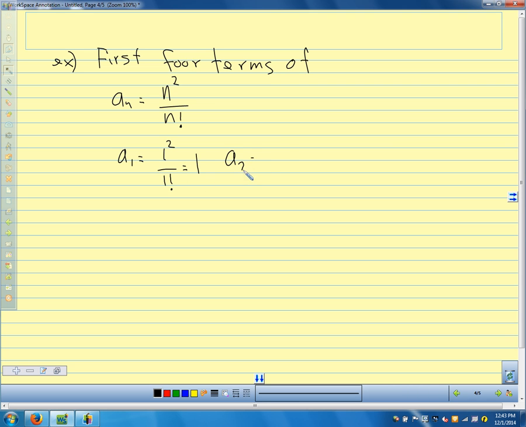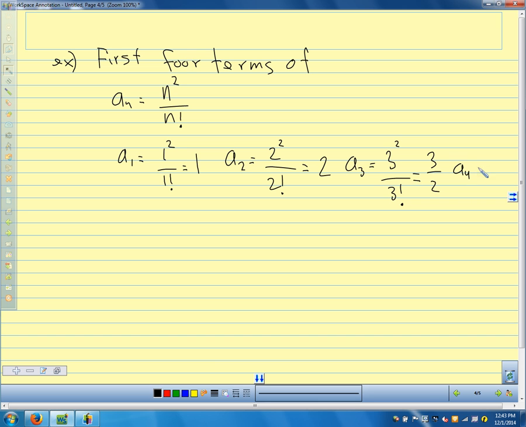A sub 2 is 2 squared over 2 factorial. 2 squared is 4, 2 factorial is 2, so this turns out to be 2. A sub 3 is 3 squared over 3 factorial, which is 9 over 6, which reduces to 3 halves.